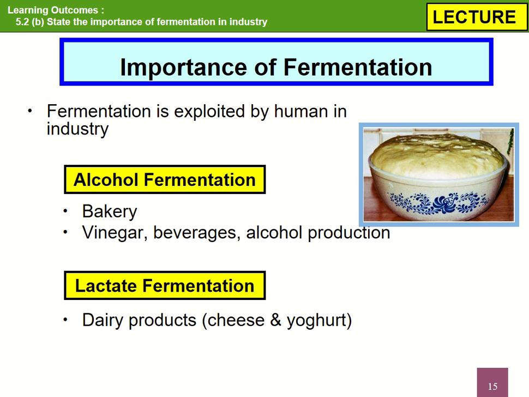Fermentation is exploited by humans in industry such as the food industry. Alcohol fermentation will produce products such as vinegar, beverages, alcohol production, and is also used in bakery. Lactate fermentation will produce dairy products such as cheese and yogurt.